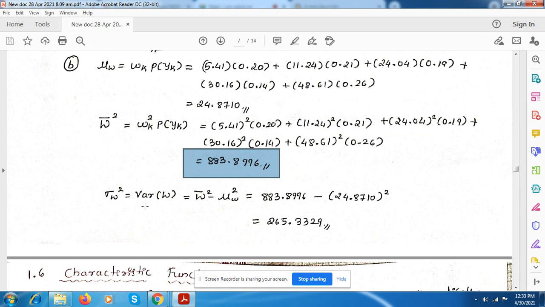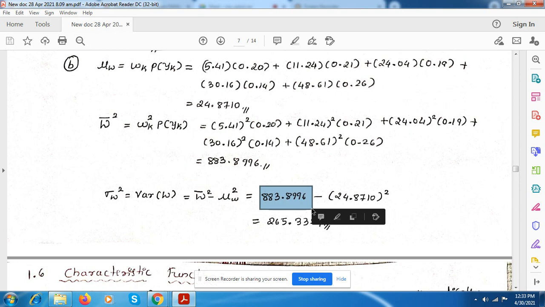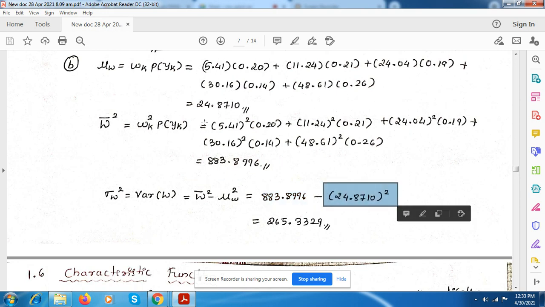So next we have to substitute the second order moment minus the mean square value. Here we have both these values. Here first is the W square bar or E of W square. That value is 883.8996 minus the mean square value.